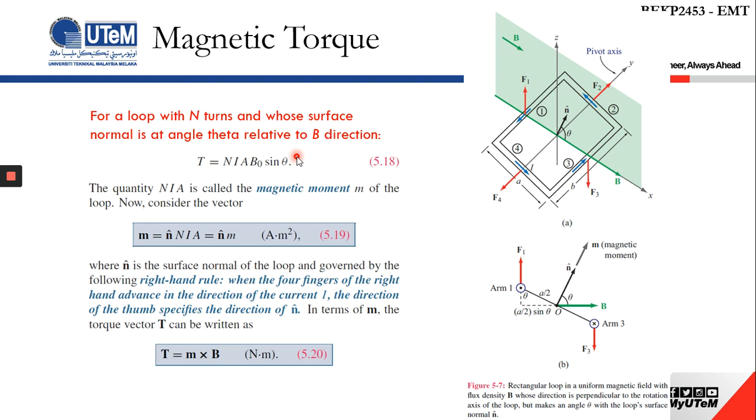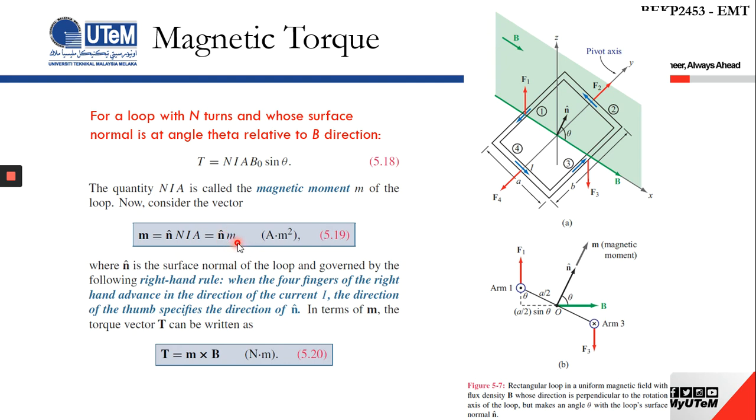Right. So N is the number of turns, I is the magnitude of current, A is the area. The multiplication of N, I and A is called the magnetic moment, and it sometimes is simplified into just small m.